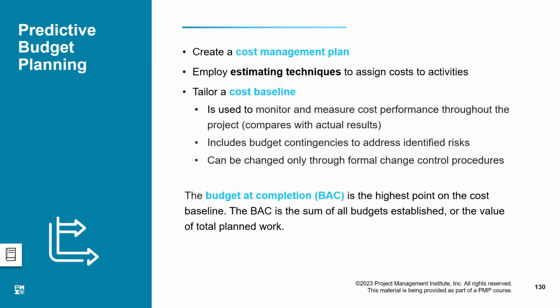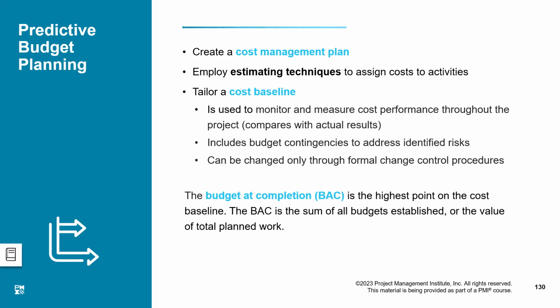If I have the estimate for each activity, I can simply add up all the estimates and I can get the total budget of the project. That is the cost baseline. So we will talk more about cost baseline and how we monitor and measure the cost performance throughout the life of the project. So specifically here, I'm going to be focusing on predictive project management.